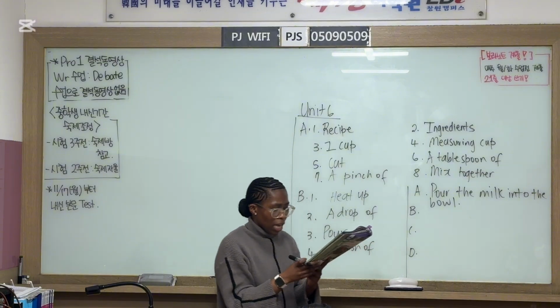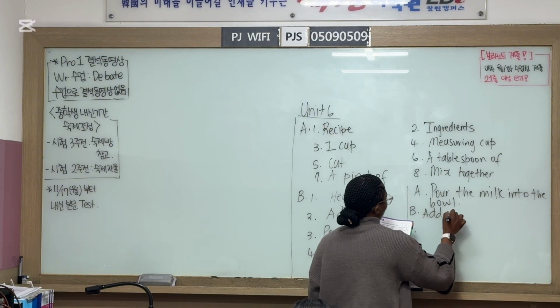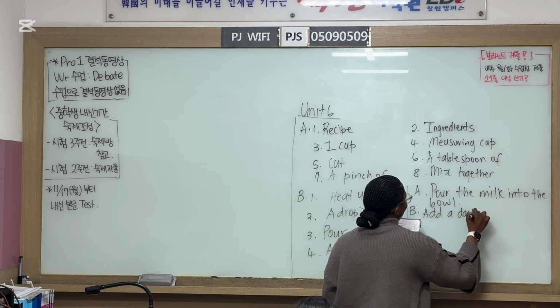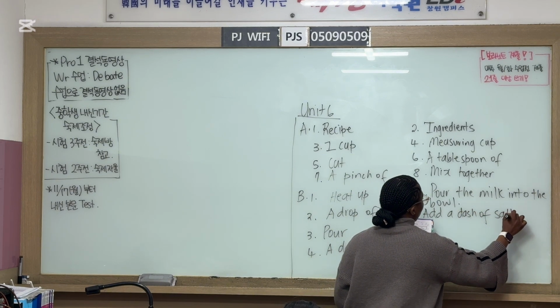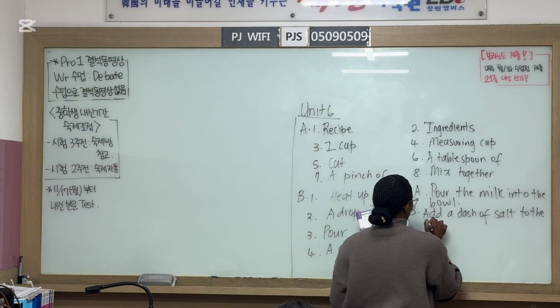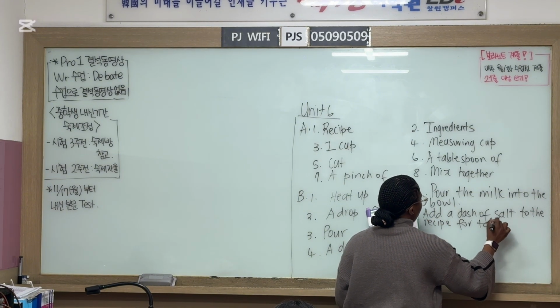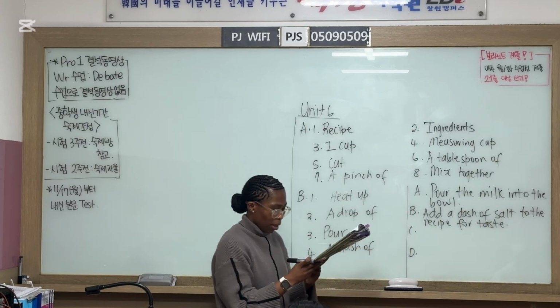How about B? Add a dash of salt to the recipe for taste. How about C?